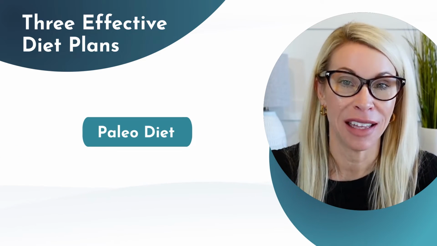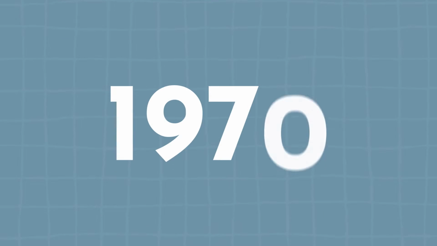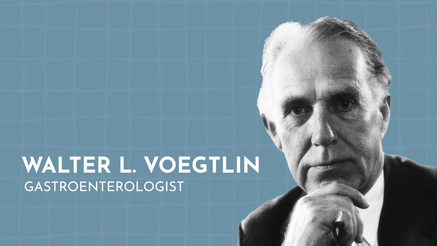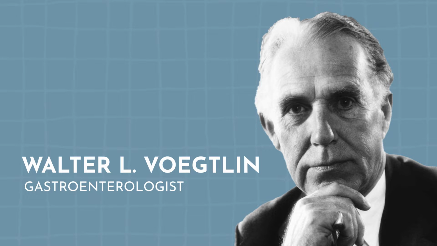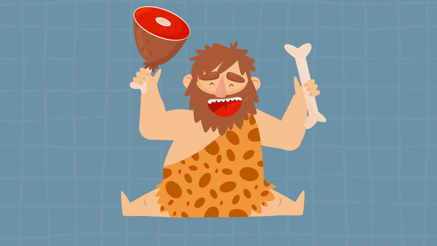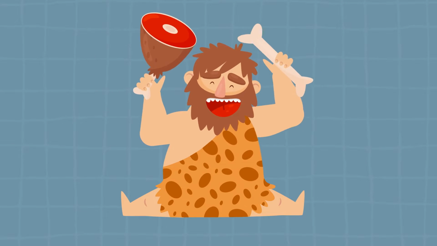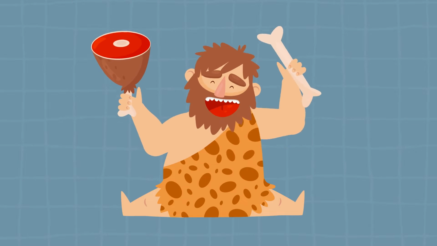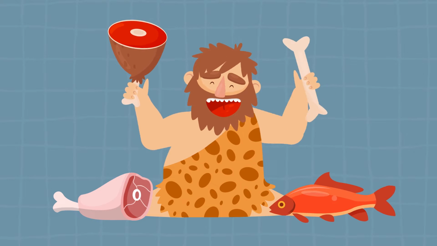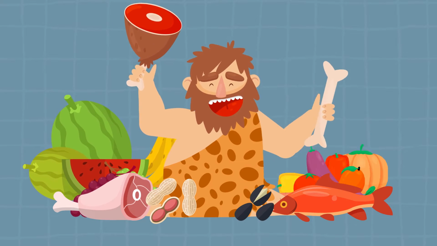Next up, the Paleo diet. Now, this was created back in the 1970s by a gastroenterologist by the name of Walter Voegtlin. He was the first to suggest that eating like our Paleolithic ancestors could make modern humans healthier. This diet is made up mostly of grass-fed meat, fish, nuts, seeds, fruits, and vegetables.